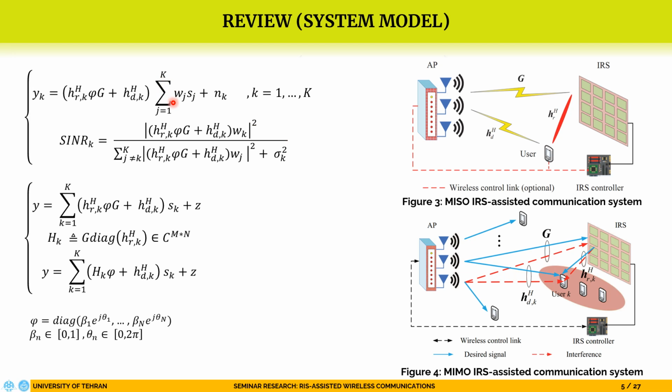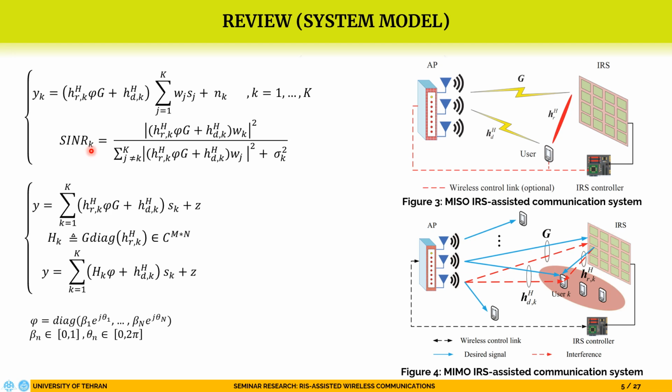And w_j is the pre-coding vector, the purpose of which is, for example, reducing interference or quality of service things. s_j was the original signal that is intended to be transmitted from the access point to user K, to user J actually, and n_k is the noise term.